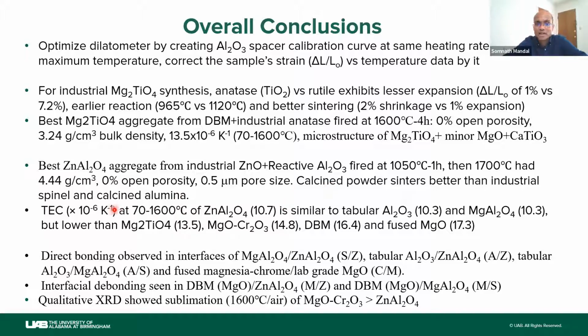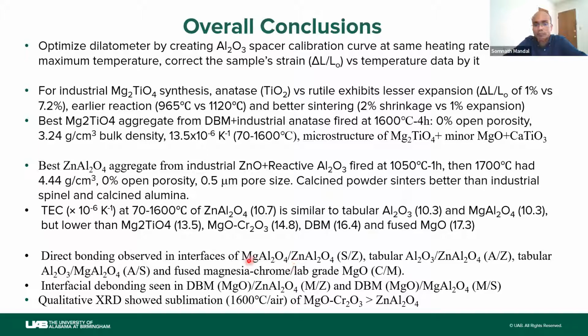When we compare the thermal expansion coefficient, we found that the zinc aluminate expansion coefficient is similar to tabular alumina and spinel, but lower than magnesium titanate, magchrome, DBM, and fused magnesia. So these values at 1600 degrees C and between 1600 and room temperature will help you in designing thermal shock resistant refractories.